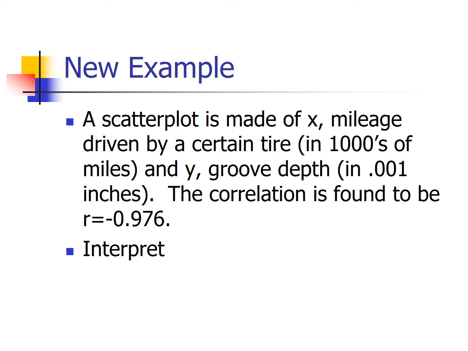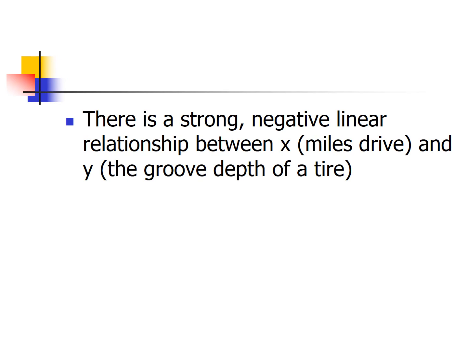Now, in terms of interpreting this correlation, let's figuratively speaking, turn the page. There's a strong, maybe I should have said very strong, negative linear relationship between x, the miles that you drive on that tire, and y, the groove depth of that tire. If someone wanted to stump me, they might ask, what do you mean by negative linear relationship?